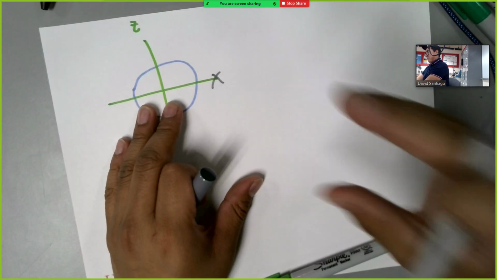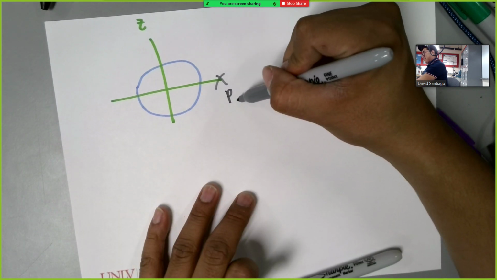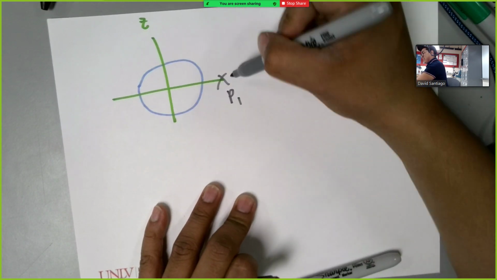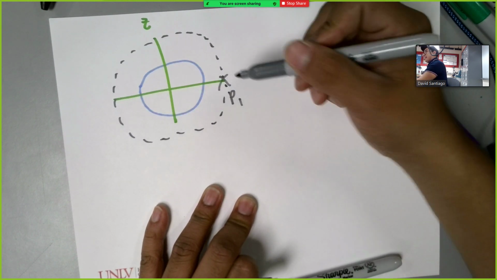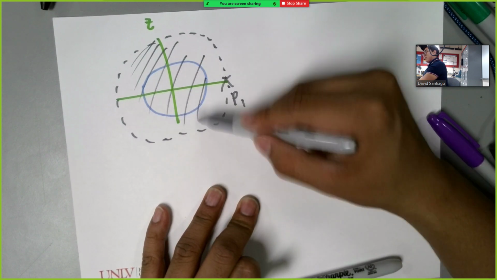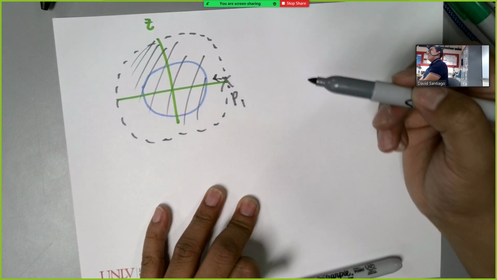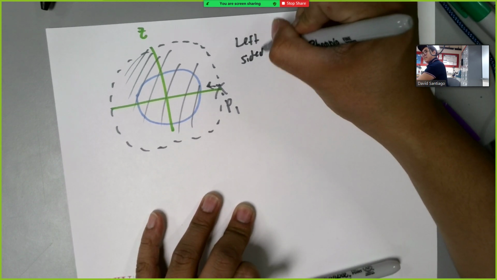But for this case, we need to include this unit circle. So if this is a radius of P1, then this right here is going to be the following circle like this. And then to make it stable, it's going to go inside. It's going to go to the left. It's a left-sided function.